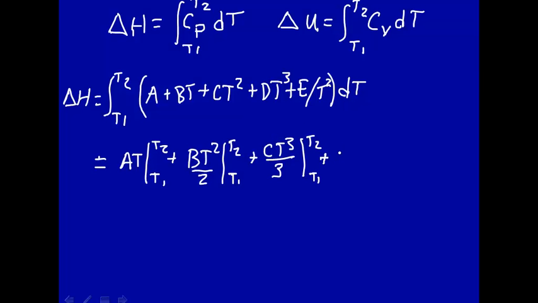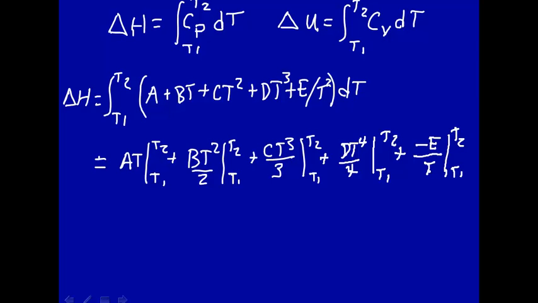So this will be D t to the 4th divided by 4, evaluated between T1 and T2. And this final term here, that's the E over t squared, and you integrate this, you get a minus E over t evaluated from T1 to T2.